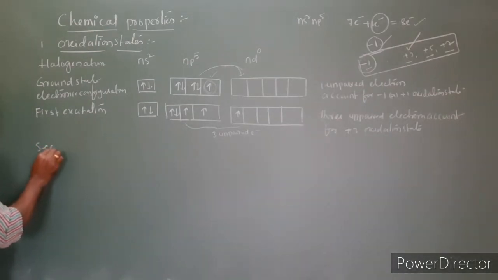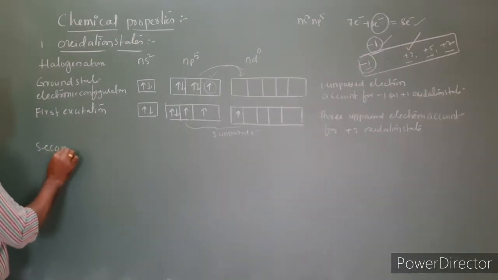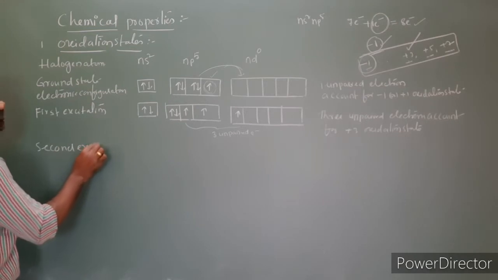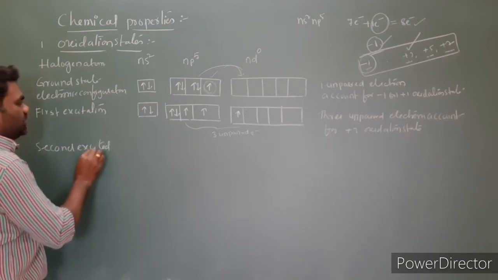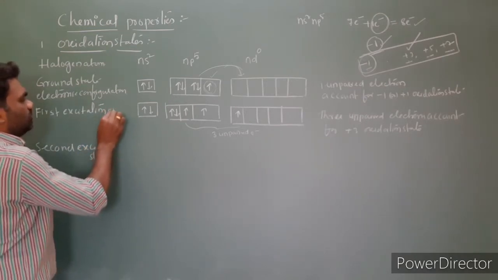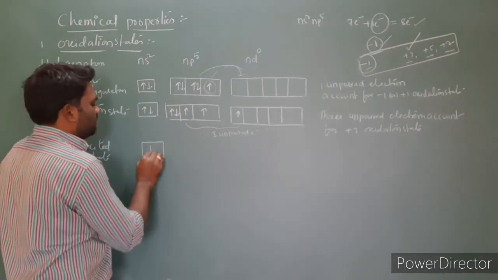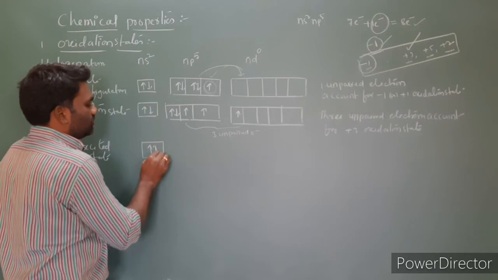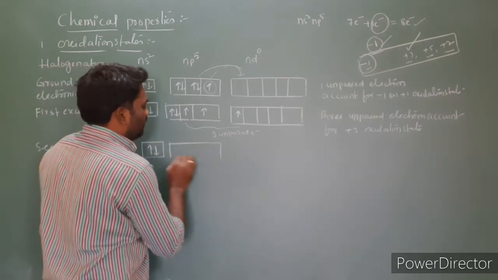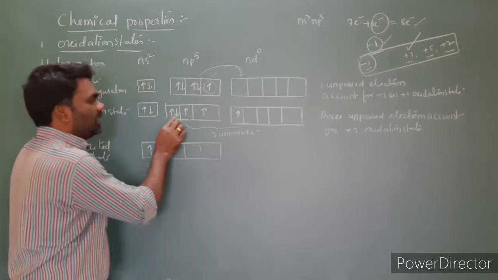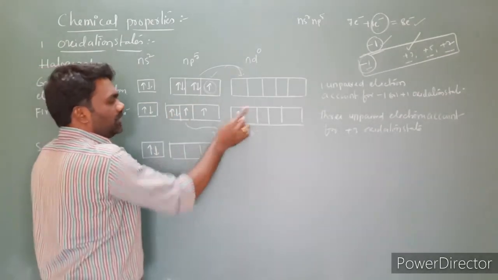Next, I am taking the second excited state. The ns electrons remain the same. Here a paired electron is there, and this electron will be jumped to the d orbital.